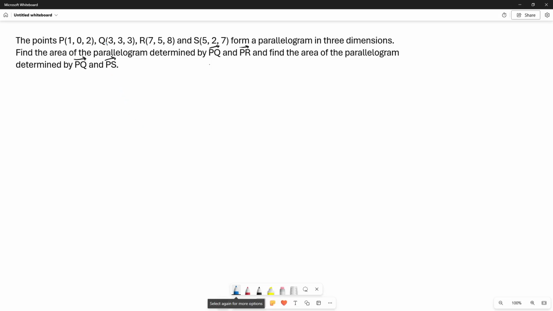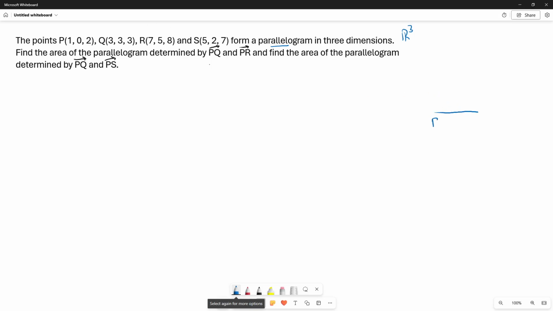The points P, Q, R, and S given here form a parallelogram in R3. We would like to find the area of this parallelogram, and at first it's not clear the relation of the sides to each other.